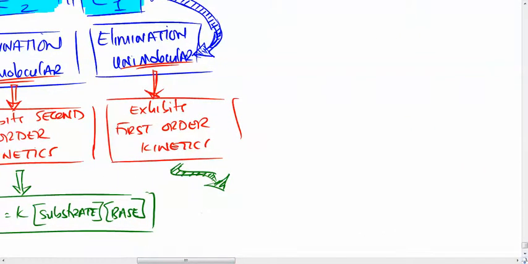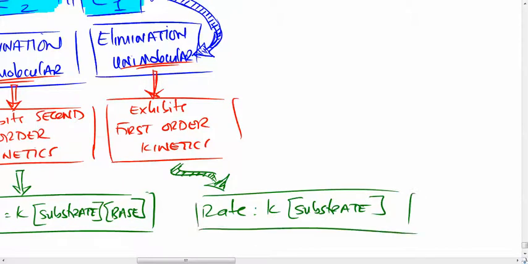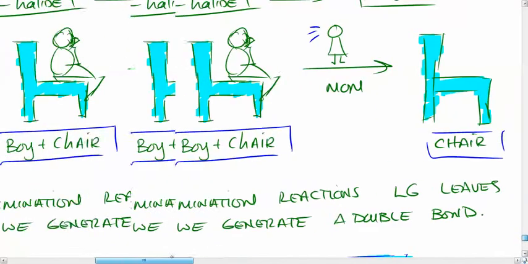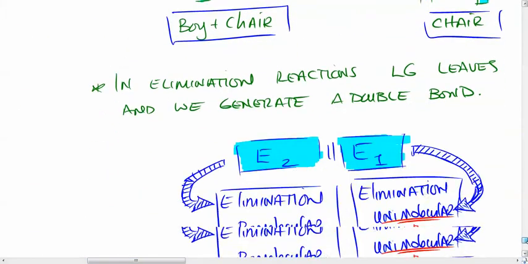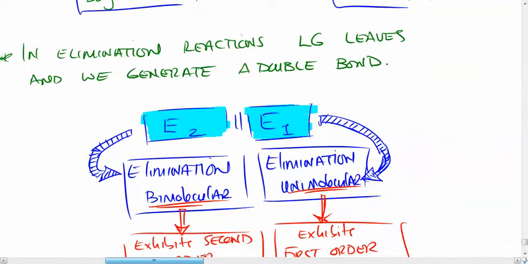That's right. Just like in SN1. So what we see here is that there's a relationship between the 1's and 2's, SN1, SN2, E1, E2.